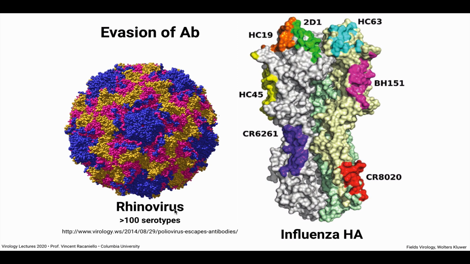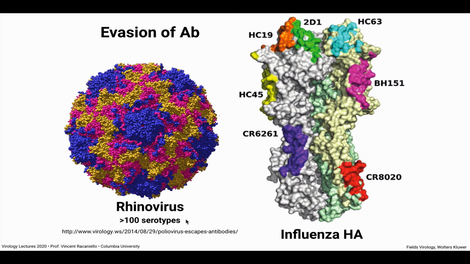But if you get infected with serotype 2 or 3 or 4 or all the way up to 100, you get sick because the antibodies against one do not block infection with the other serotypes. That's what a serotype is. It makes antibodies that don't block infection with other serotypes. So the strategy for rhinovirus evasion is that it exists in over 100 serotypes. So in your lifetime, you're likely to get many, many rhinovirus infections because you're never going to see all 100.